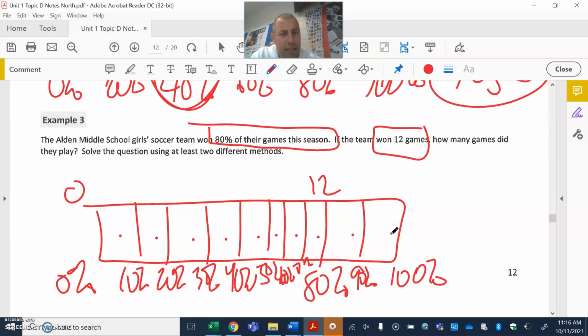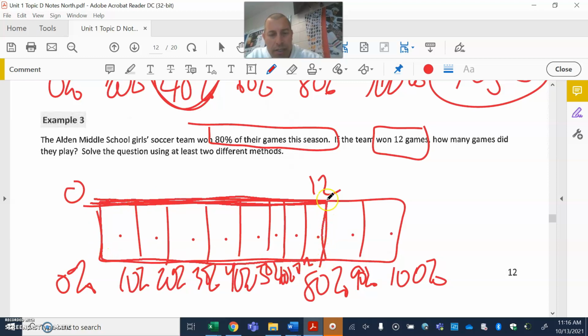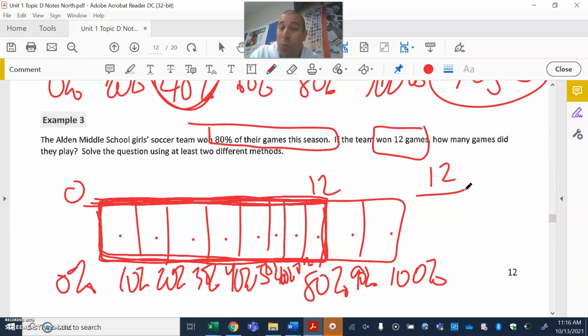But here's the thing. It's 12 from here to here. I need to take 12 and divide it up not between the 10 boxes, but the 8 boxes. 1, 2, 3, 4, 5, 6, 7, 8.